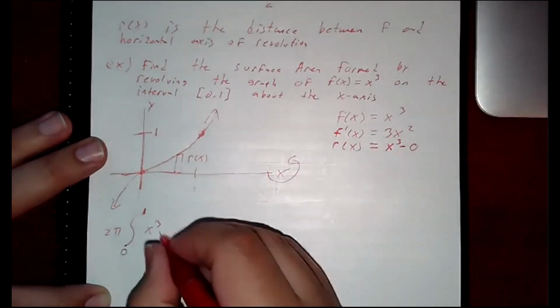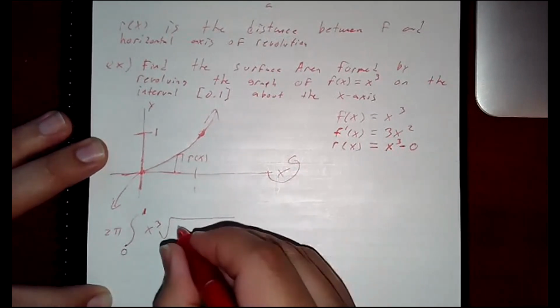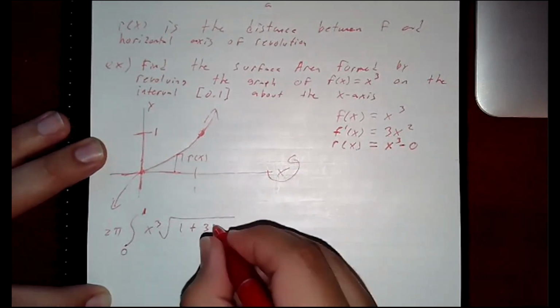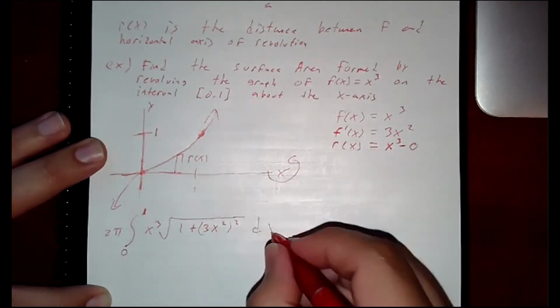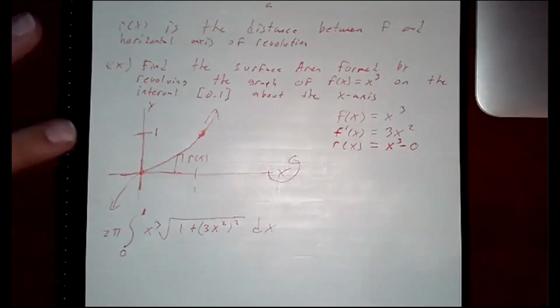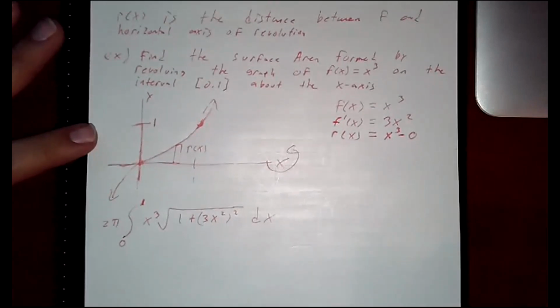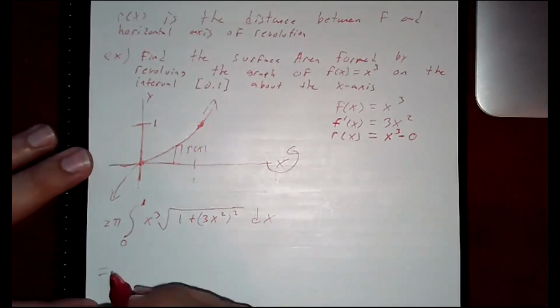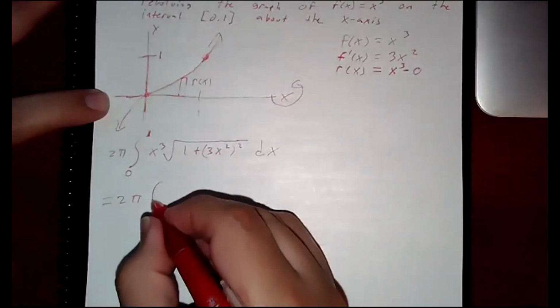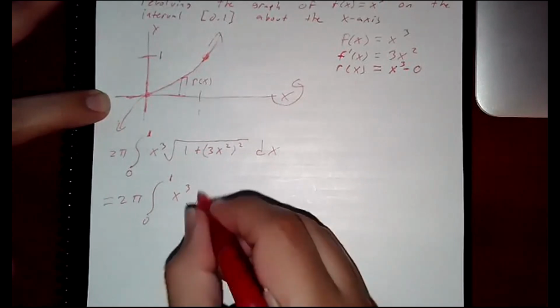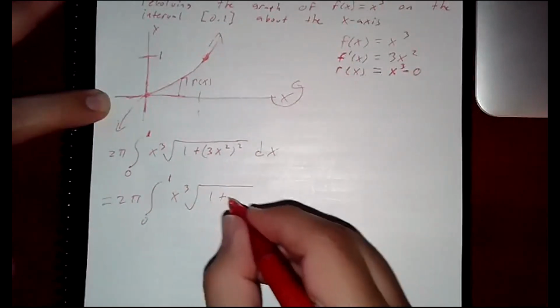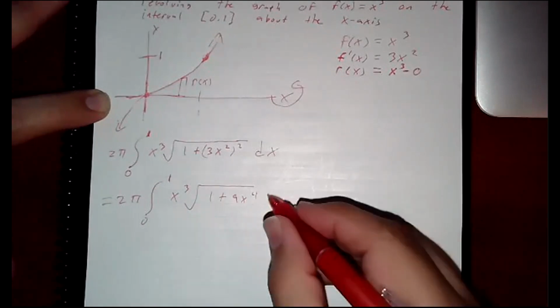Times the square root of 1 plus 3x squared, squared. So this will become x cubed times the square root of 1 plus 9x to the fourth, dx.